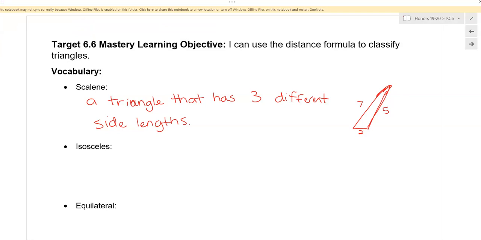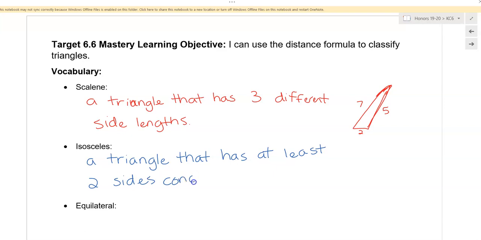Okay. Then we have an isosceles. An isosceles triangle is a triangle that has at least two sides congruent.